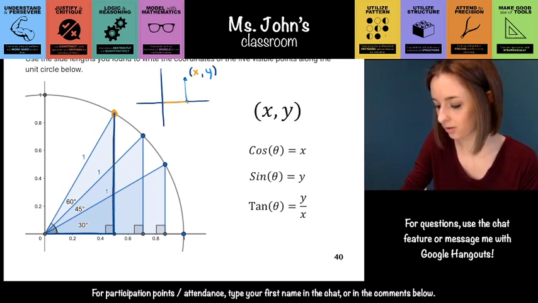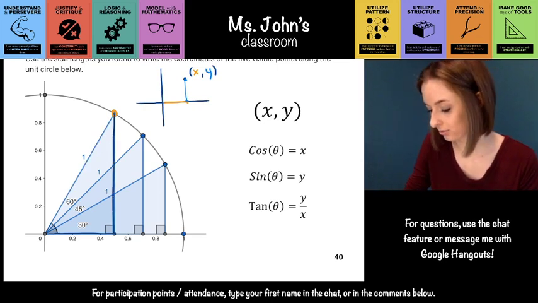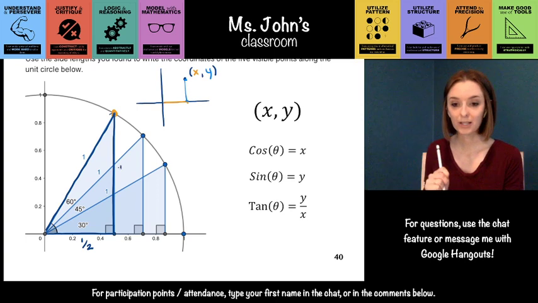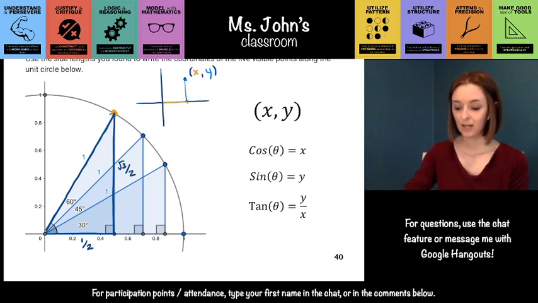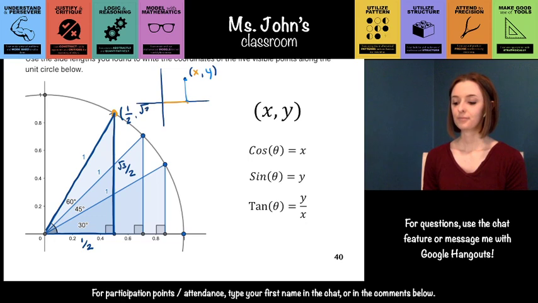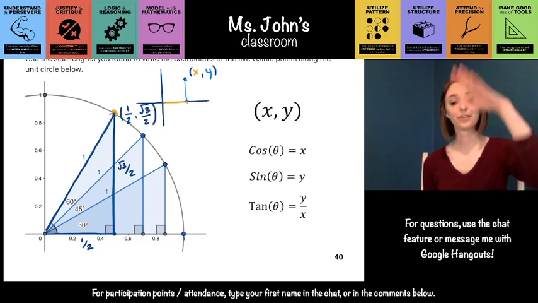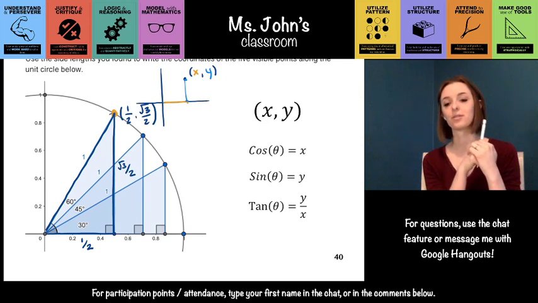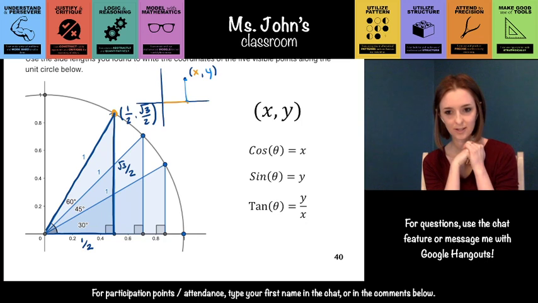But on this triangle, the bottom is 1/2, and this side length is root 3 over 2, which means that the coordinates of that orange point is 1/2, comma, root 3 over 2. We're using that horizontal and that vertical distance to find the point on our unit circle, like on the graph, on an XY coordinate plane.